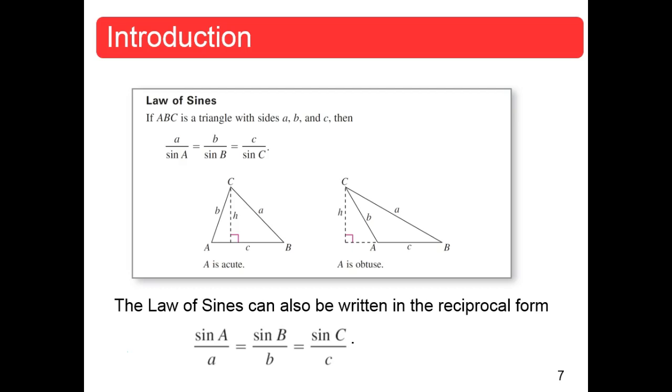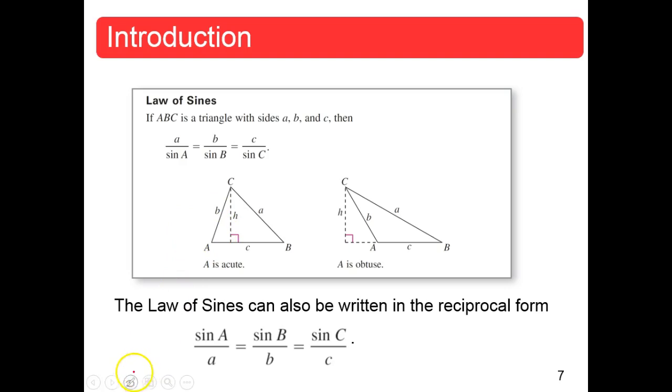You also know that the sine of angle B is H over A. You don't have to know this, but if you ever forget it, you can go back and get it.